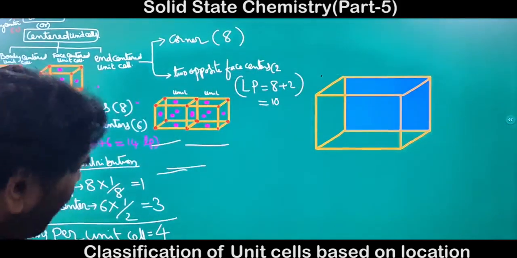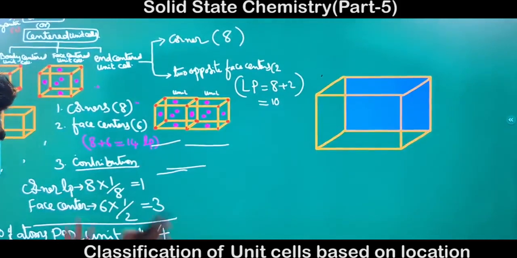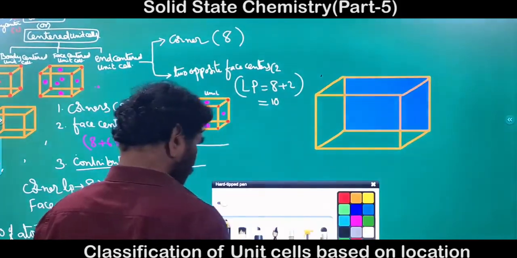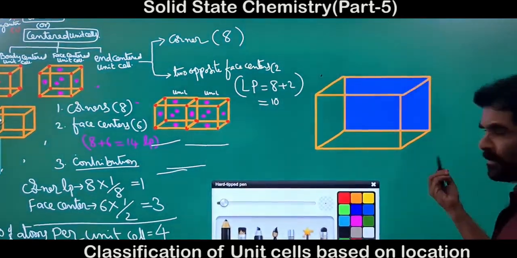This is the cubic system or whatever it is. So edges are almost equal, I think. Now, there are 8 corners.